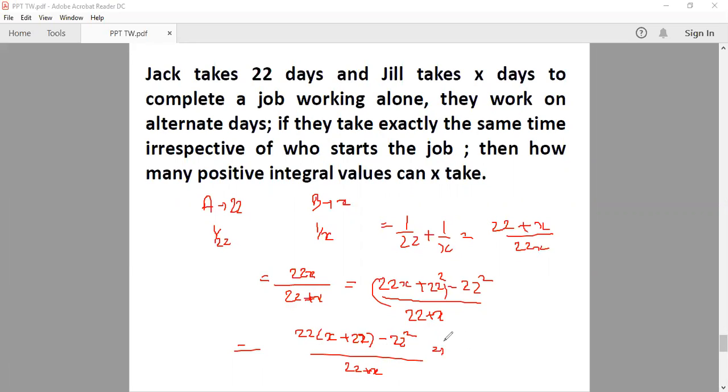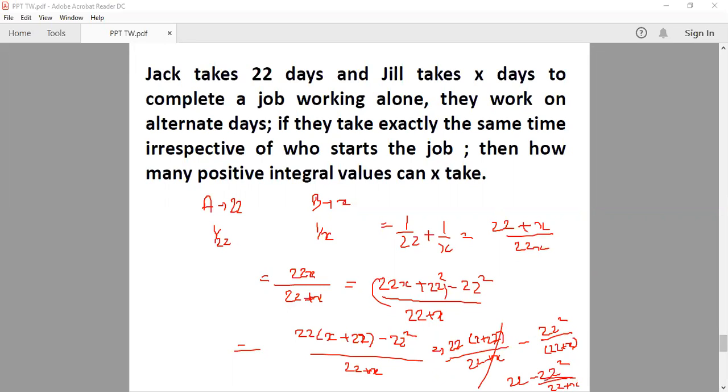If I simply write the numerator as this, x plus 22, x plus 22 got cancelled out. Okay, so 22 minus 22 square upon 22 plus x.